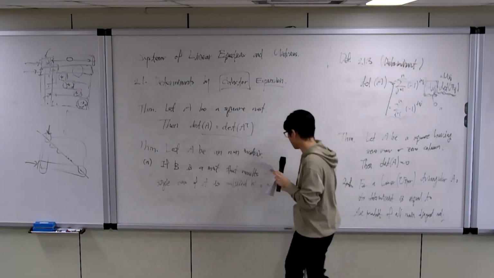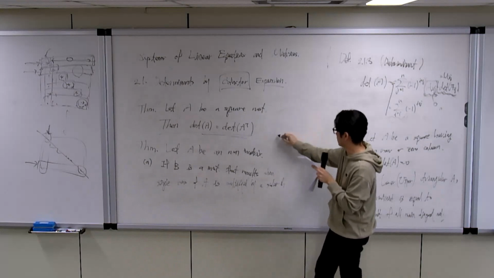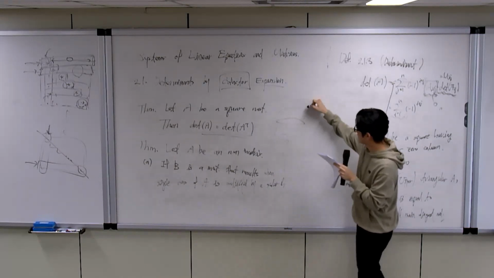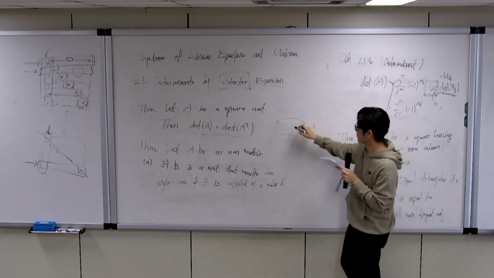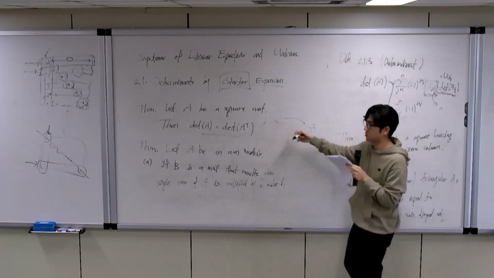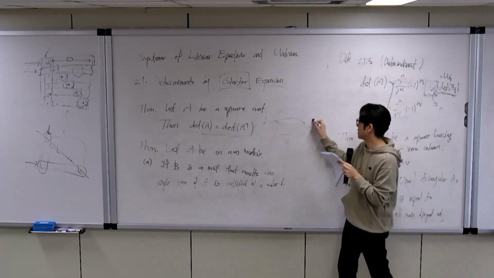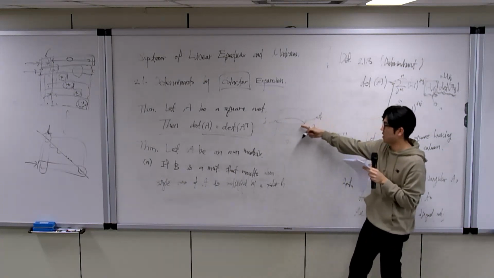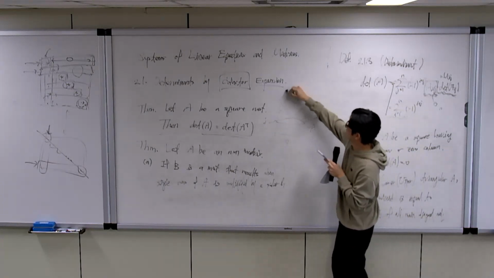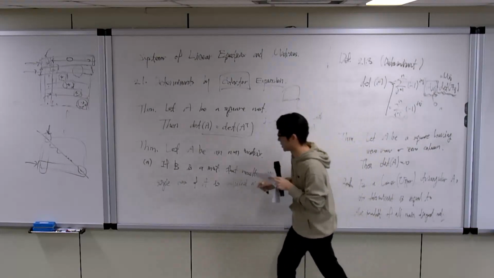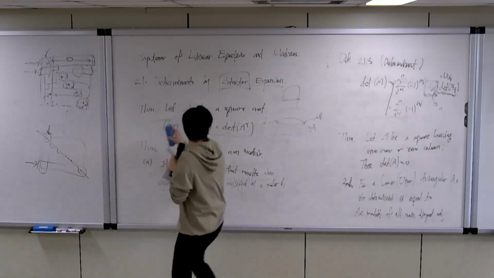That means if you have a matrix A, and you choose the ith row and multiply the ith row by k, it is called the row operation.